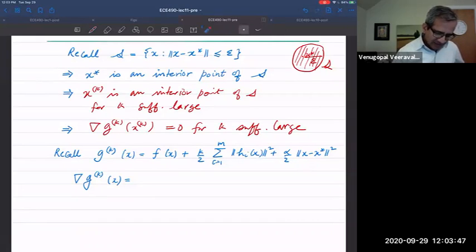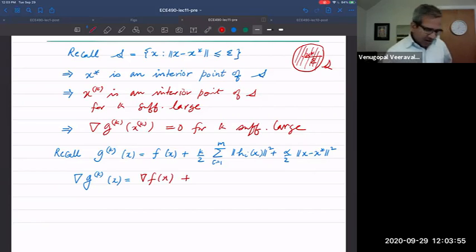Gk is this. So the gradient of this function can be written as the gradient of f plus, now I have the gradient of the norm of h squared. How do you compute this gradient? Well, let's apply the chain rule. This is going to be the sum of hi of x times the gradient of hi of x.